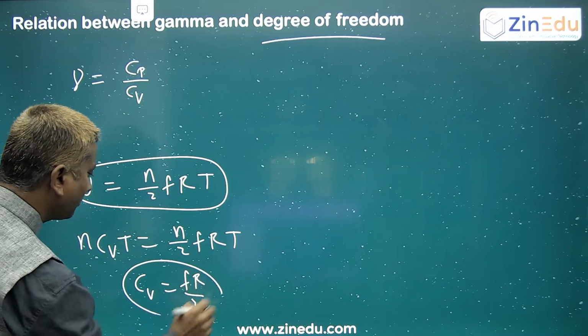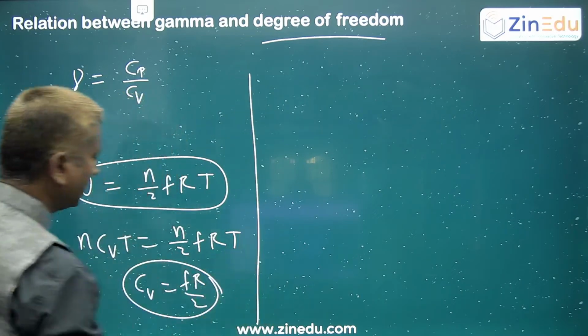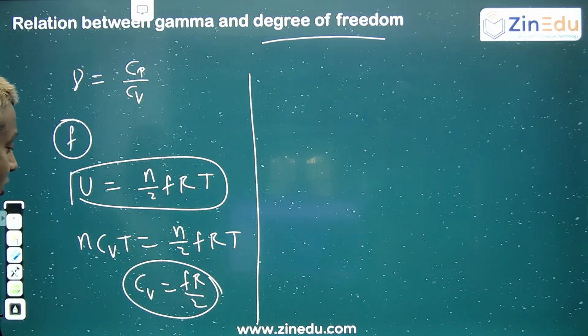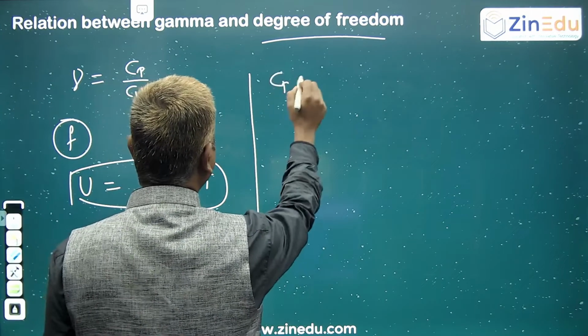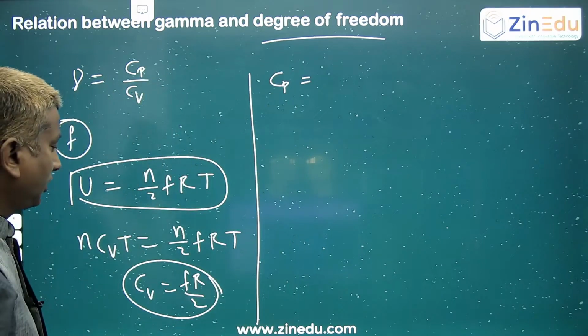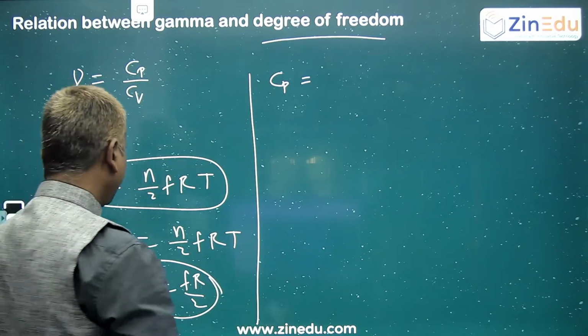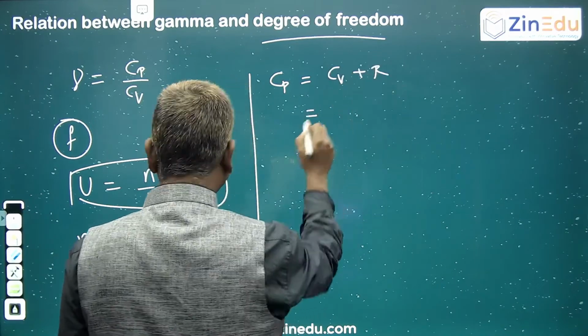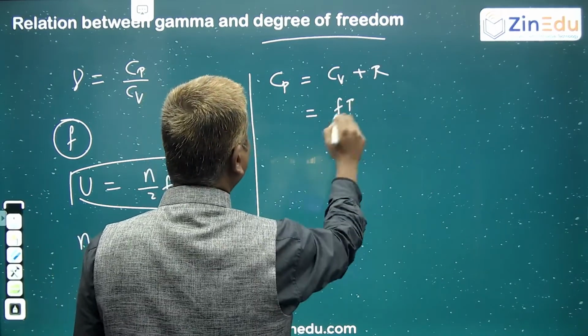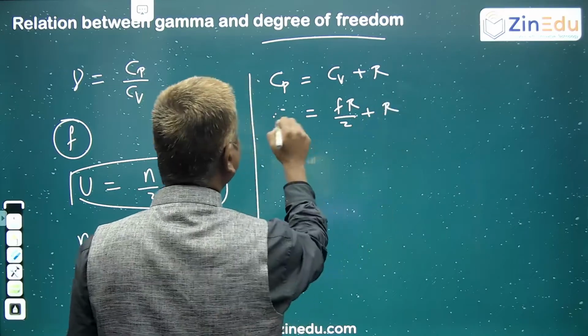Like this only we have calculated the Cv values depending on the degrees of freedom. So once you get Cv as fR by 2, then Cp value is Cv plus R. So you can write fR by 2 plus R as the Cp value.